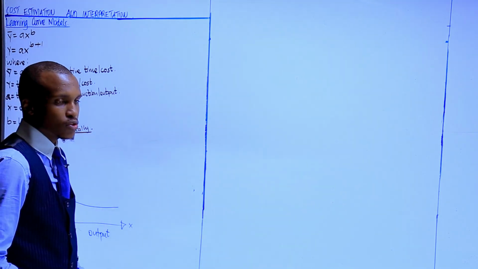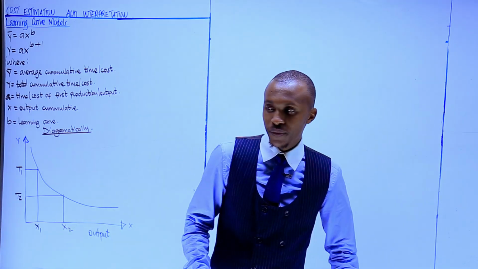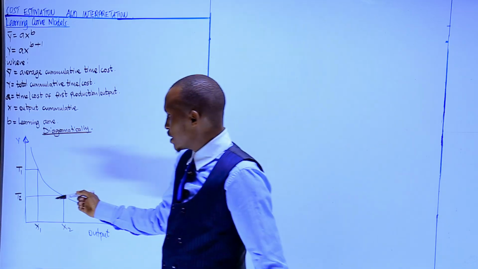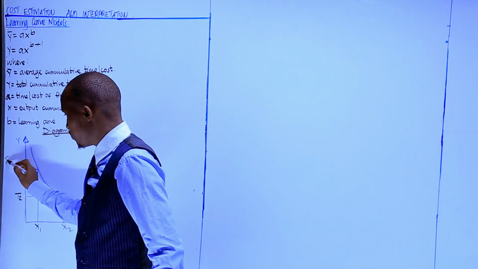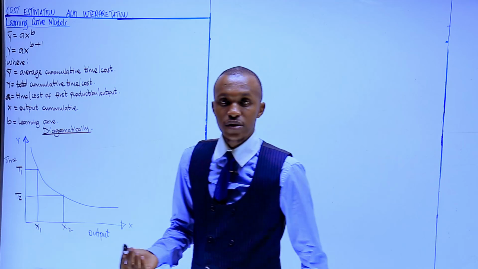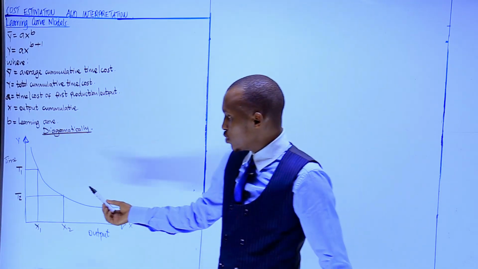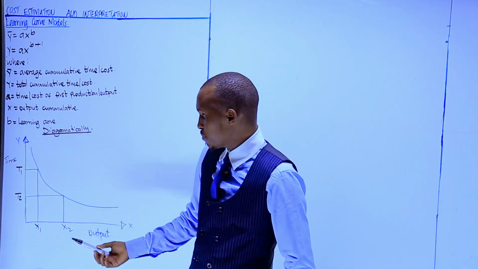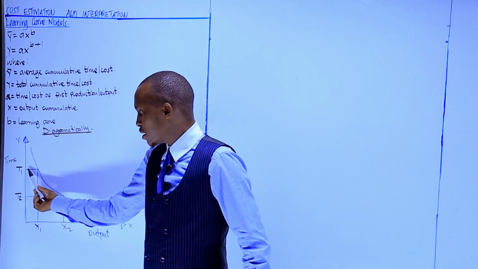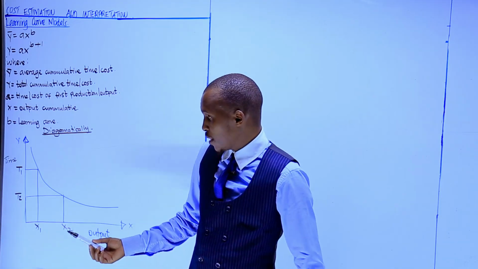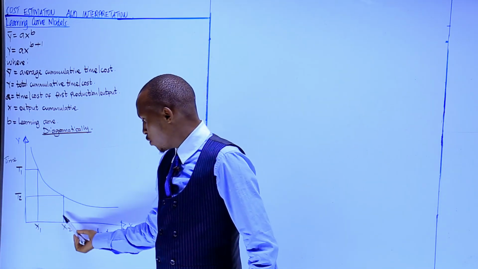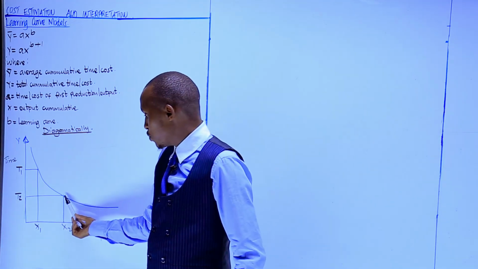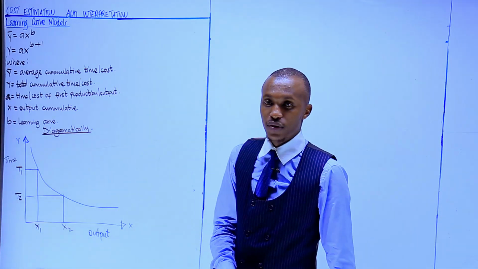If you look at this diagram, with X1 and X2, this being the time or the cost to produce the first unit, it takes longer than producing the second unit of output, which is going to be shorter.